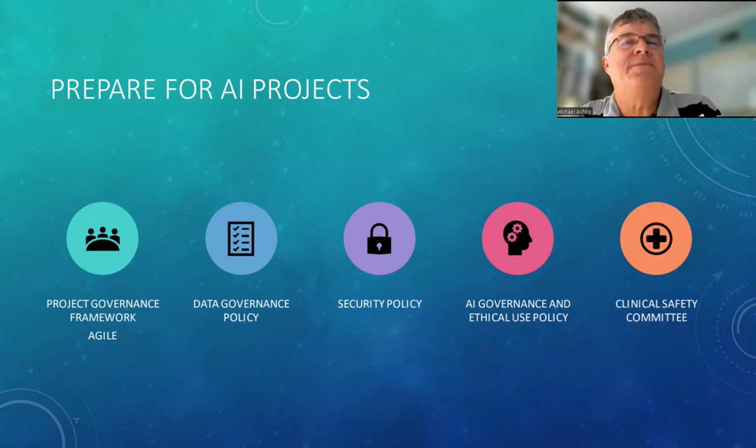Have a data governance policy, because AI, machine learning, all of this requires a large amount of data, and having in place data governance. Where do you collect the data? Where do you store it? How is it going to be used? All of those sorts of things already in place, and they will underpin your project. Security policies in place.